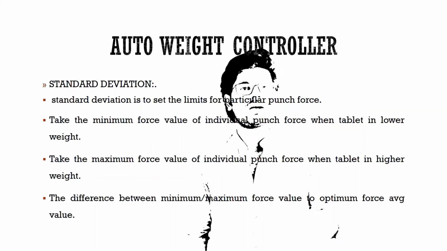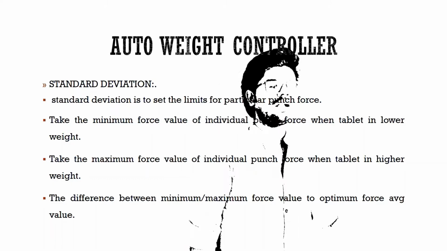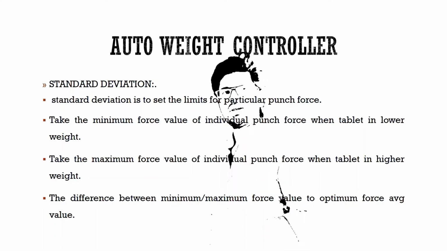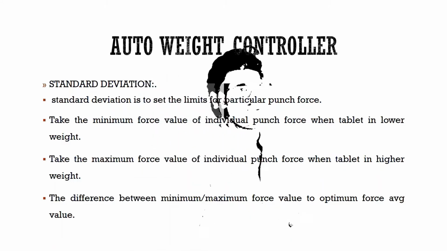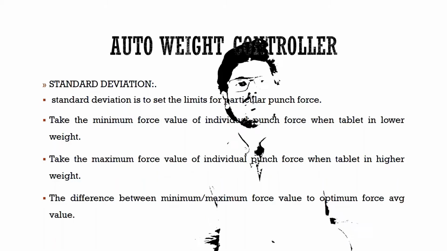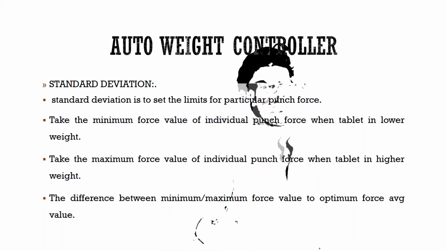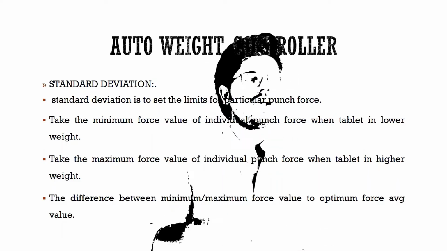Standard deviation is the main parameter in A.W.C. Standard deviation is used to set the limits for a particular punch force. Take the minimum force value of individual punch force when the tablet is at lower weight. Take the maximum force value of individual punch force when the tablet is at higher weight. Then take the difference between the minimum or maximum force value and the optimum force average value.